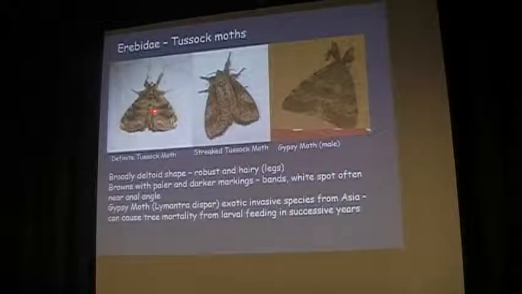But we have native tussock moths as well. Usually they're broadly deltoid in shape. They got hairy legs, fairly stout bodies. A lot of them have this little white spot near the anal angle, which is that area right in here on the forewing. The streaked tussock moth doesn't happen to have that marking, but a lot of them do. Usually browns and paler markings with various spots and bands.